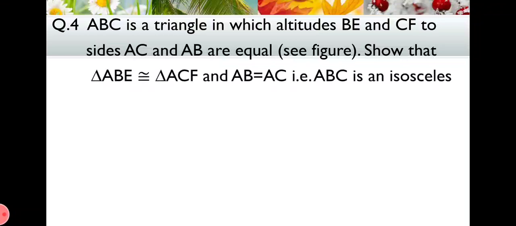Show that triangle ABE is congruent to triangle ACF and AB equal to AC, that is, ABC is an isosceles triangle. In previous question, sides were given equal, and we have proved that altitudes are equal. Here altitudes are given as equal, and we have to prove that two sides of the triangle are equal, and also we have to prove the congruency between two triangles.